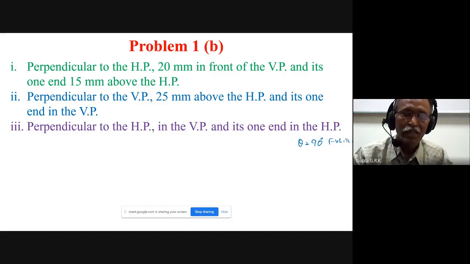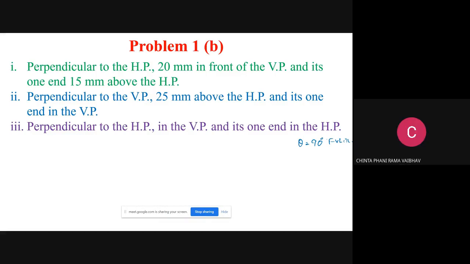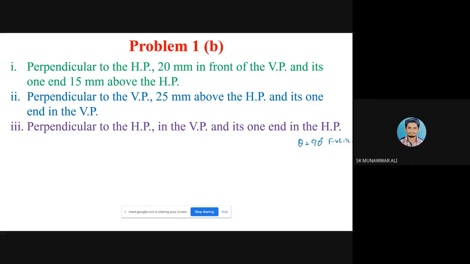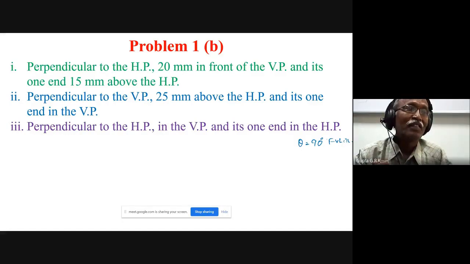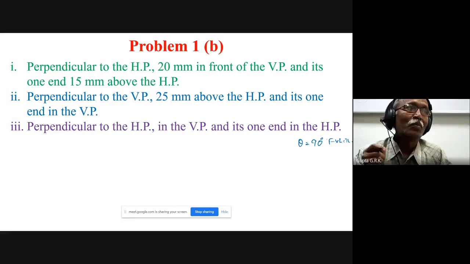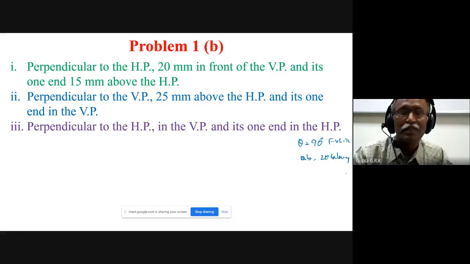Full. Okay. And 20 mm in front of the VP. What will the top view be, actually? It's only a point. How do we know where the point is? That is 20 mm below XY, right?